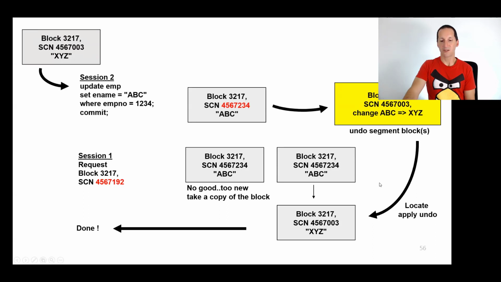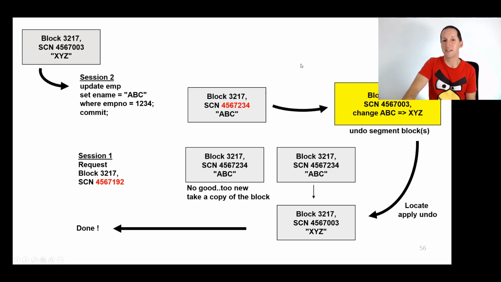And I'll take block 3217 back to SCN 003, which means the employee name was XYZ. Now 003 is less than the initial request there of SCN 192 that session 1 needed. So now my block is correctly up to date in terms of I've taken it backwards in time and I can use it for session 1's query.